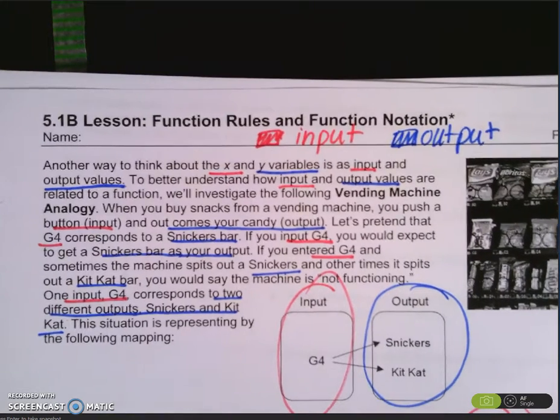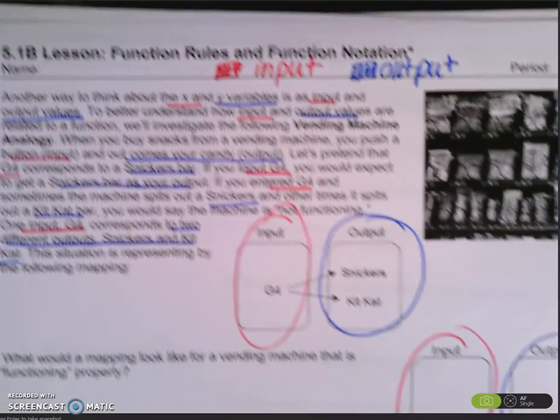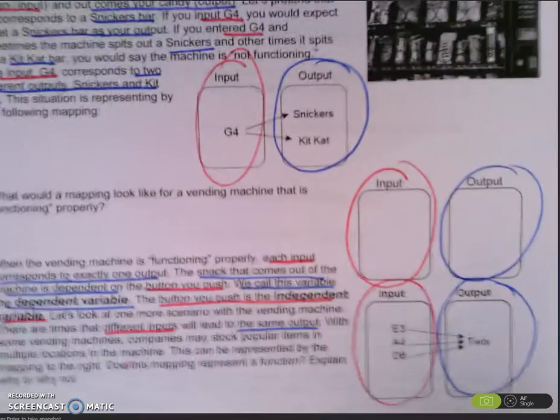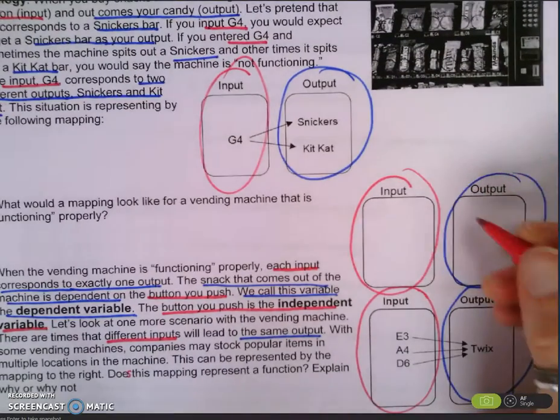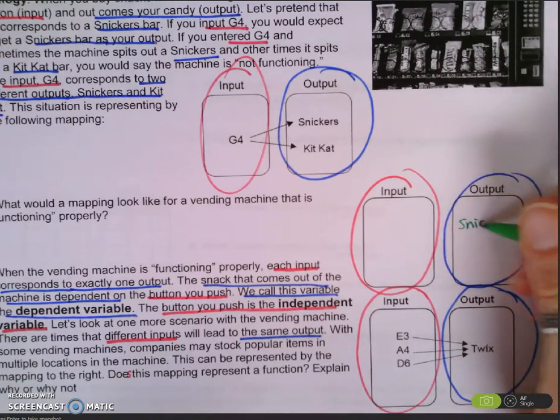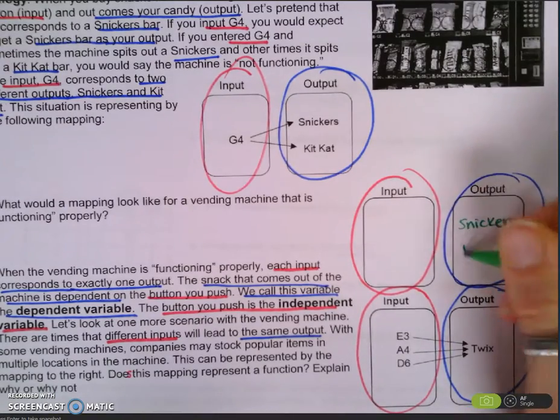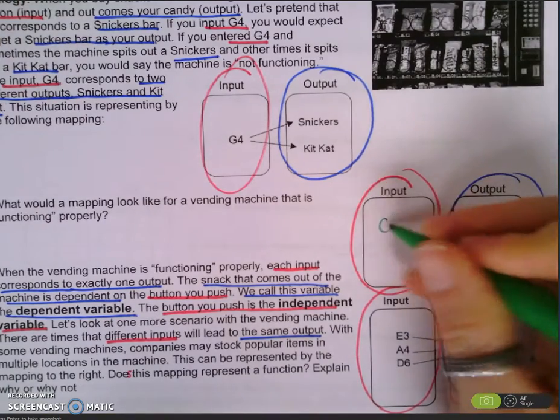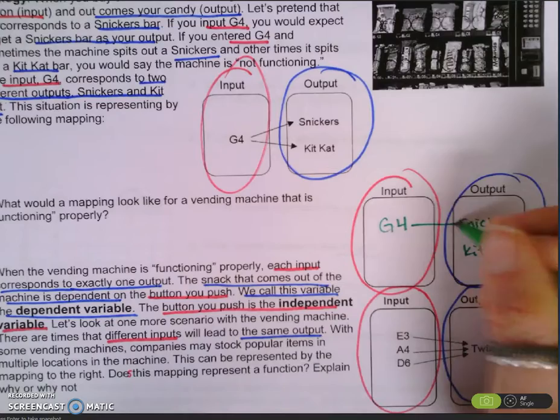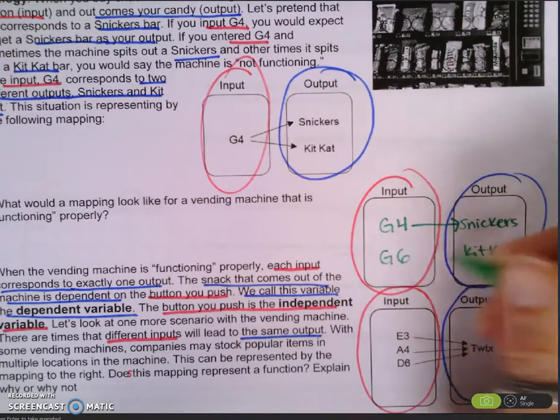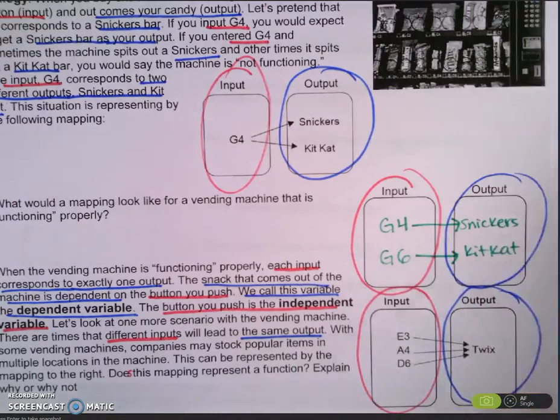So let's talk about a machine that's functioning properly. Taking a look at our mapping, if you had two outputs like a Snickers and a Kit Kat, we would need two inputs. So I press G4, I get a Snickers. I press G6 and I get a Kit Kat.